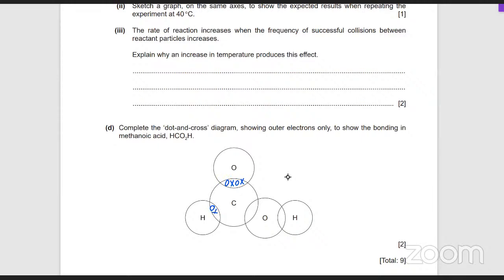This is a single bond. This will be a single bond, and oxygen has 6 electrons, so there are 4 electrons that are left, and this oxygen also has 4 electrons left. Okay, so that's your dot and cross.